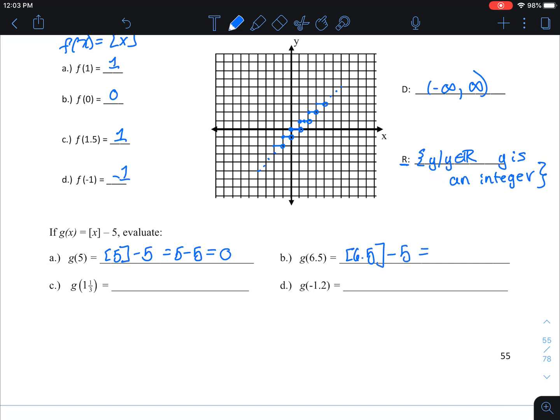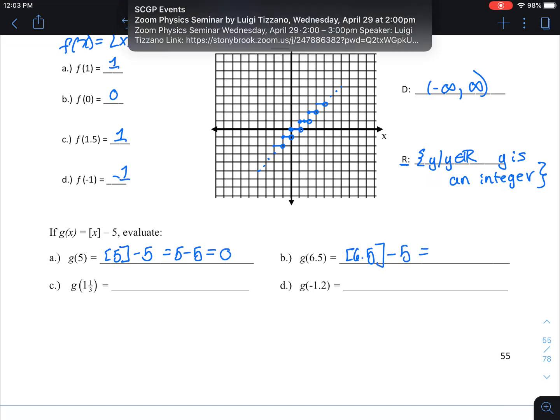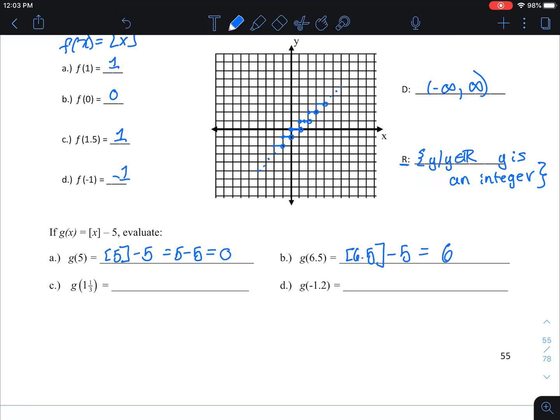The greatest integer that is less than or equal to 6.5 is 6. Minus 5 is equal to 1. One and 1/3 minus 5, but we have to plug the 1 and 1/3 into the greatest integer function. The greatest integer that is less than or equal to 1 1/3 is 1. So you're going to get negative 4.